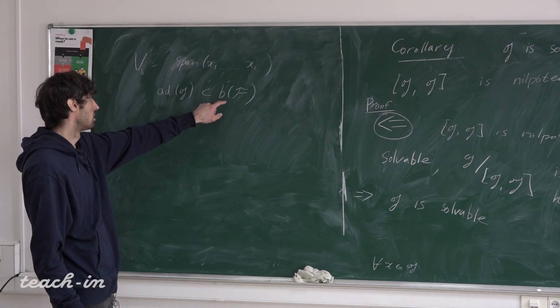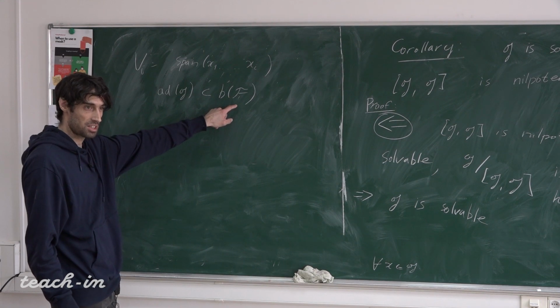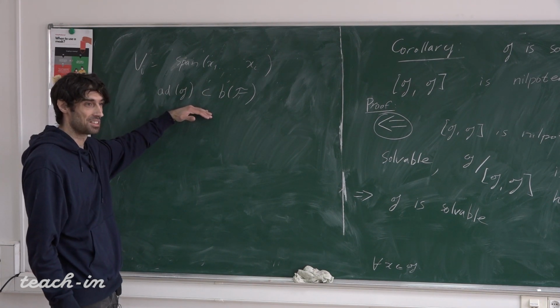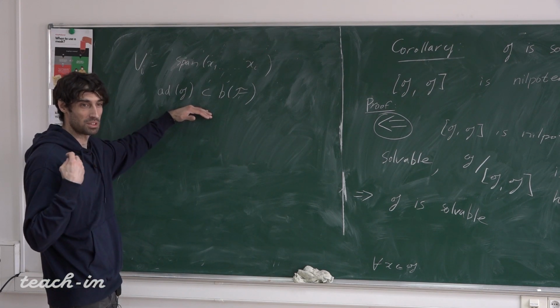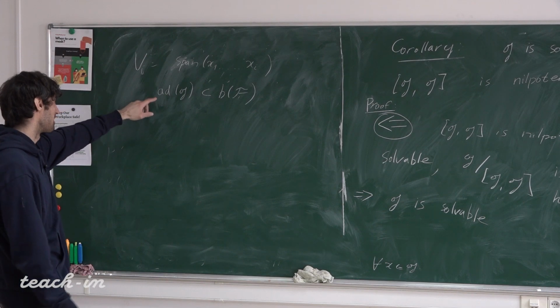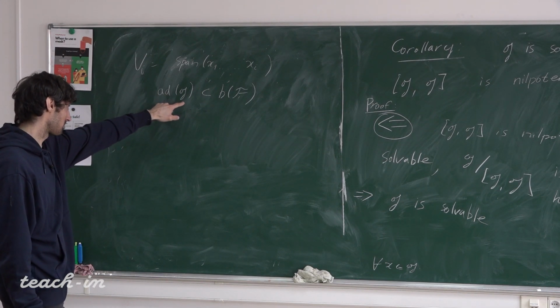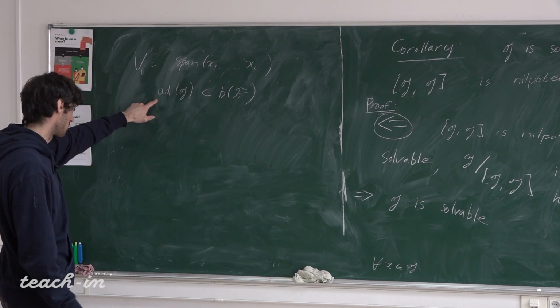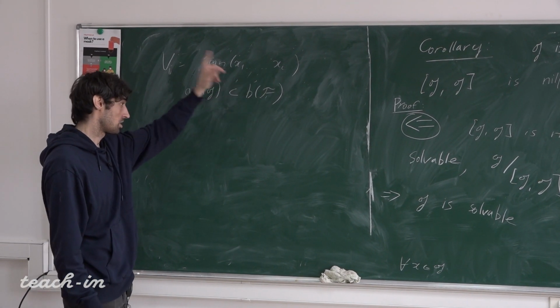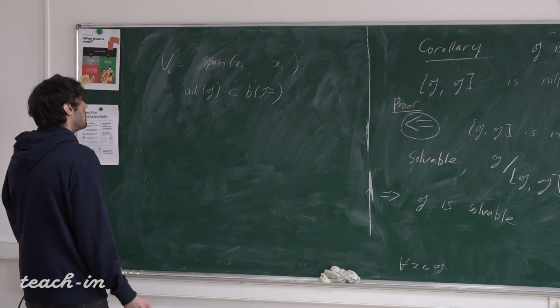So these are exactly upper triangular matrices. This is just informal, what I said. Not even I, but Lie, what is said. So these are matrices, and they are upper triangular in this basis. That's it.